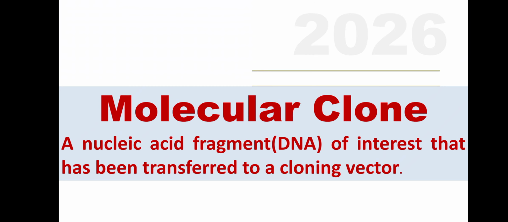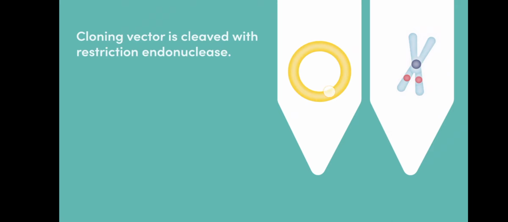Anything that is a copy of DNA, a DNA copy or genetic material copy that has been transferred to the cloning vector, the transport vehicle type of thing, is known as a molecular clone. Any two cells which are similar in genetic information or DNA are known as molecular clones, and how this is done is what we will be seeing.